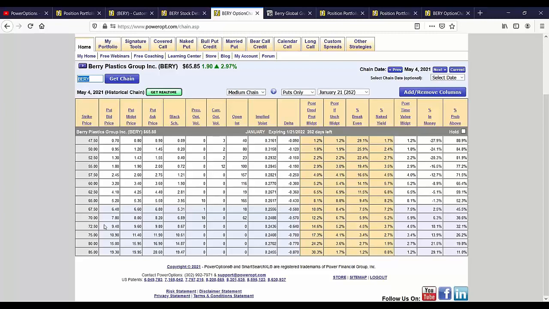Now, that put was $2.50 in the money. So what does that mean? That means that $2.50 of that 740 was intrinsic value, and the remaining $4.90 was the time premium, the time value, or the true risk.